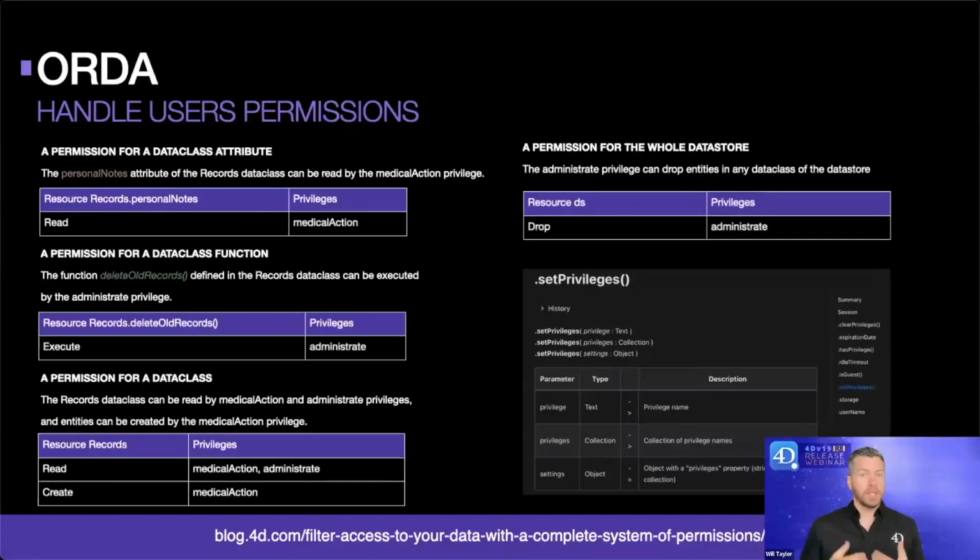The system for protecting your data depends on who is accessing it and what they're accessing. Now, this new feature is based on ORDA concepts and scalable web sessions. It covers all web processes, such as REST requests, requests received on remote data stores, and web processes like 4D actions and 4D tags.